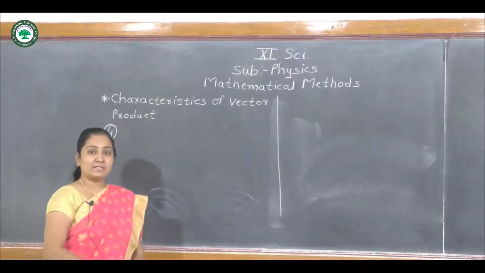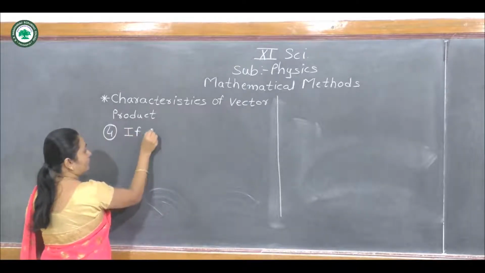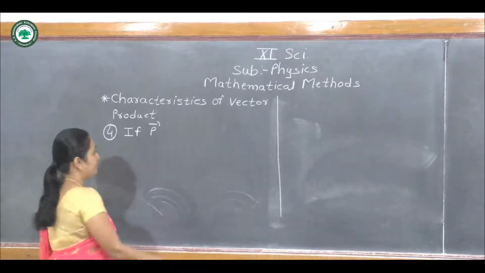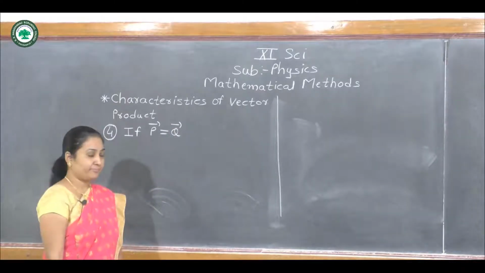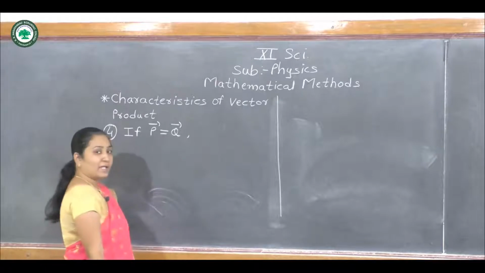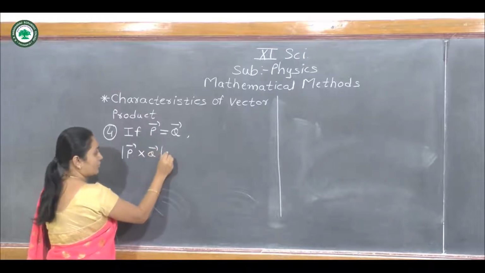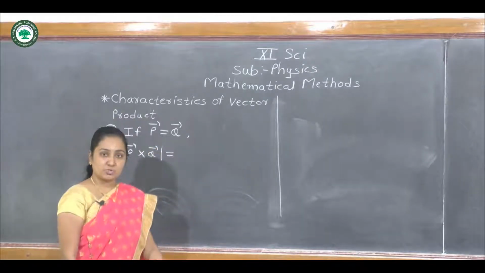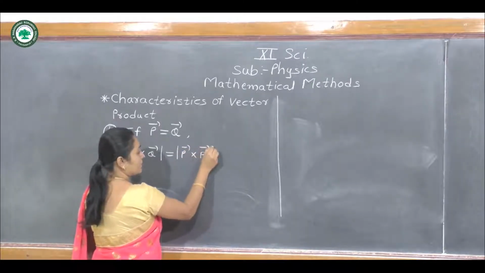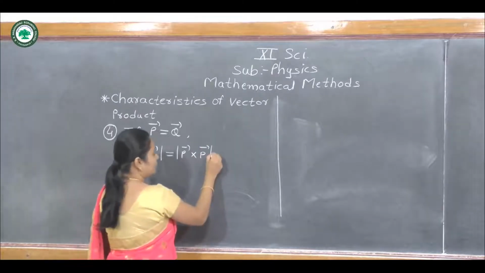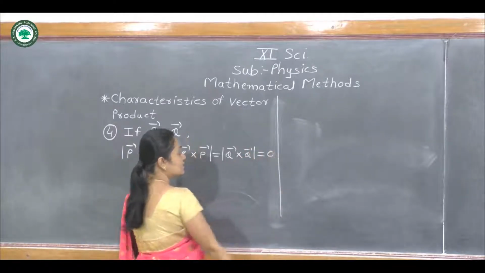The fourth characteristic of vector product is, if vector P bar is equal to vector Q bar, then we can write P bar cross Q bar, the vector product of these two vectors, is equal to P bar cross P bar, which is equal to Q bar cross Q bar, and it is 0.